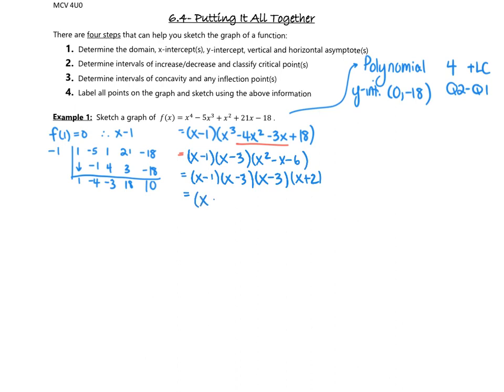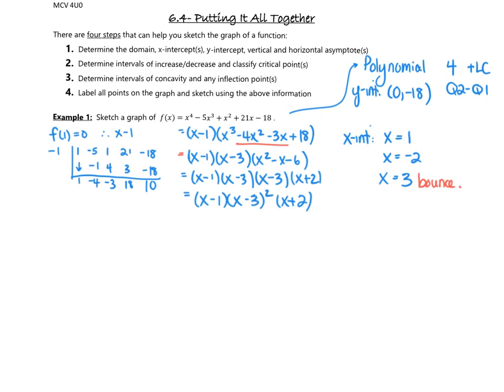That means in factored form, it looks like this. Remember that squared indicates to us that for our x-intercepts, we have x equals 1, we have a negative 2, and we have a 3, and remember that's a bounce, right? A zero of order 2.